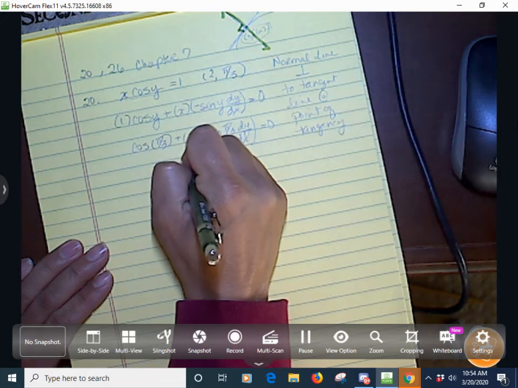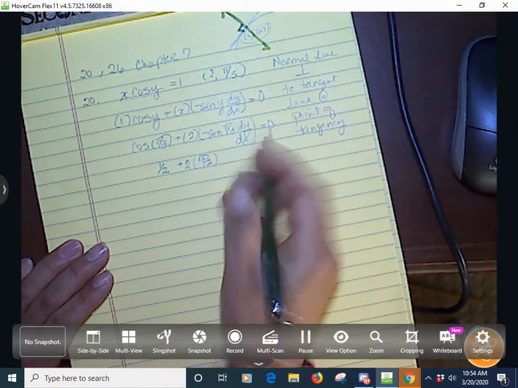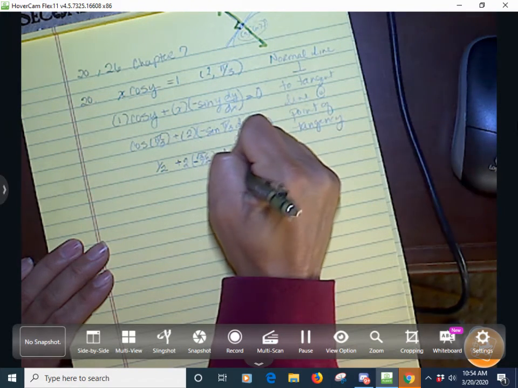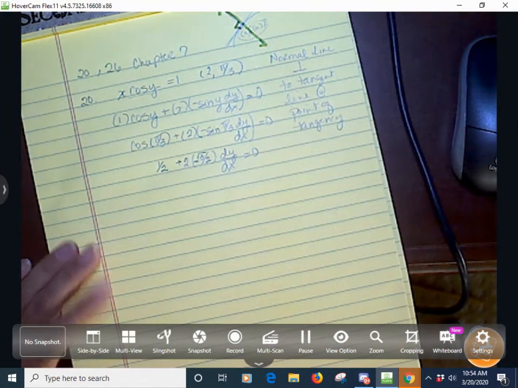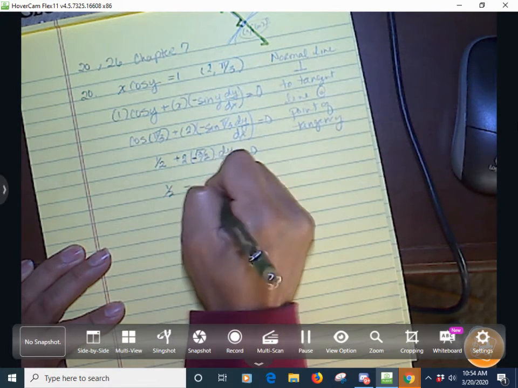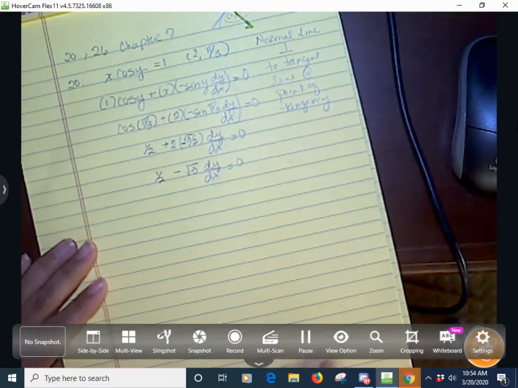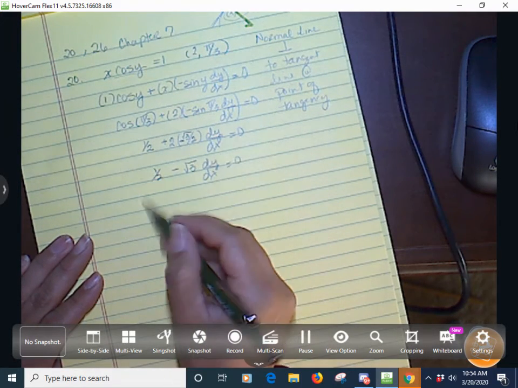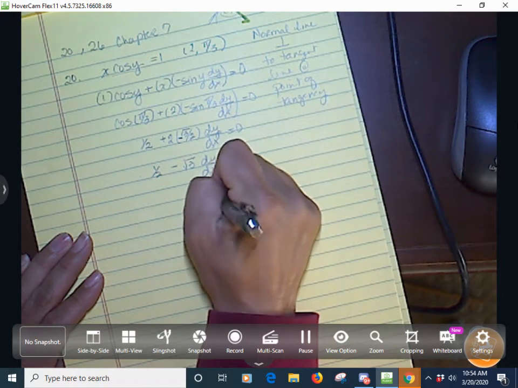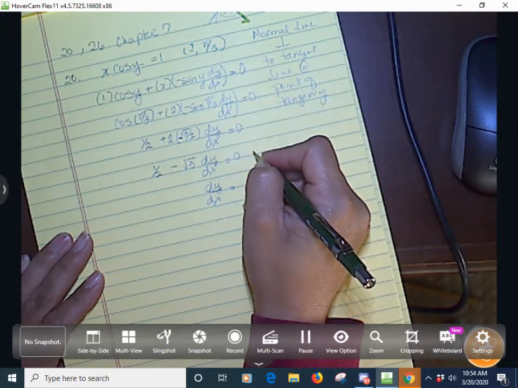So this is plus 2 times the square root of 3 over 2, but our sign was negative, times dy dx, equal to 0. That's what I get after substituting in. So now I have 1/2 minus square root of 3 dy dx equals 0. So subtract 1/2 and divide by negative square root of 3.